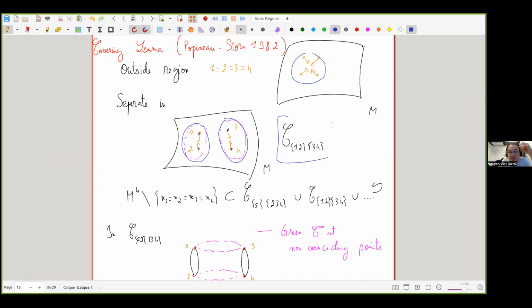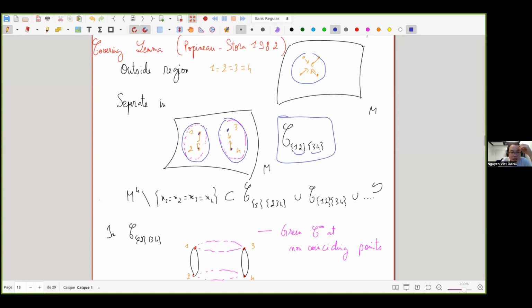Such a region is denoted by C_{12,34}. So I partition my point labels into subsets where the points in a given subset can meet together, but the points in different subsets can never collide together.